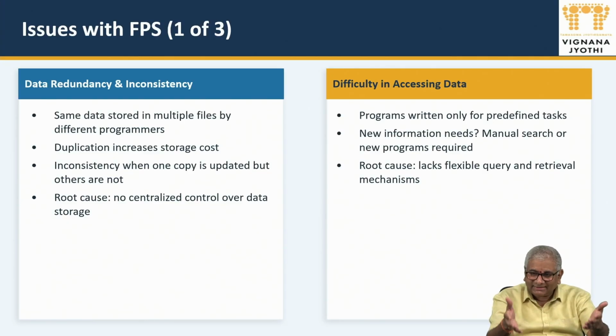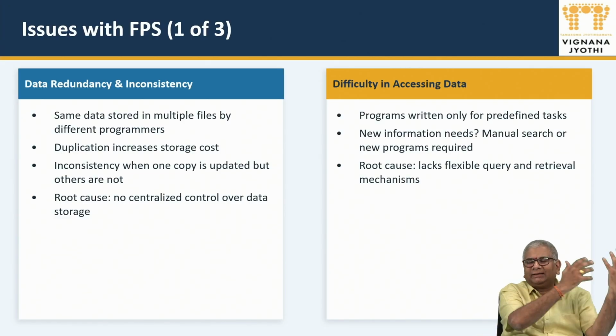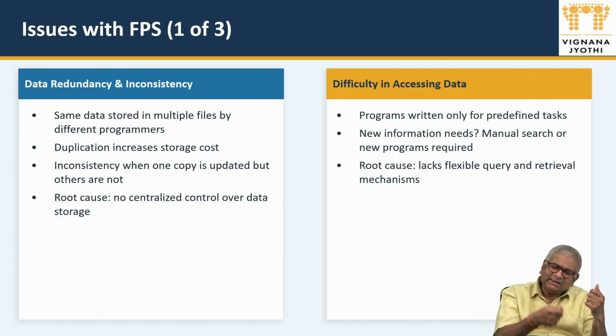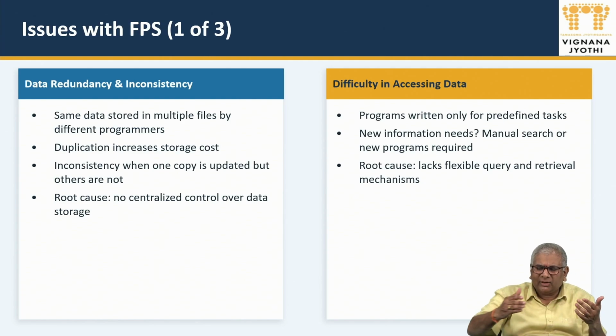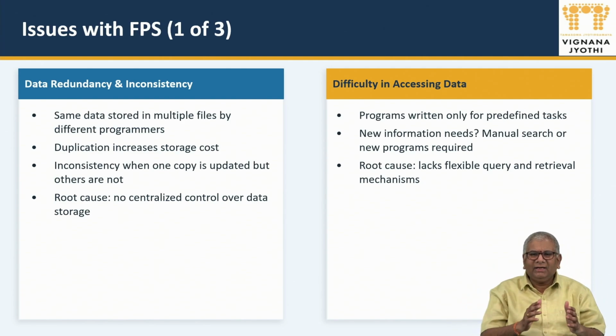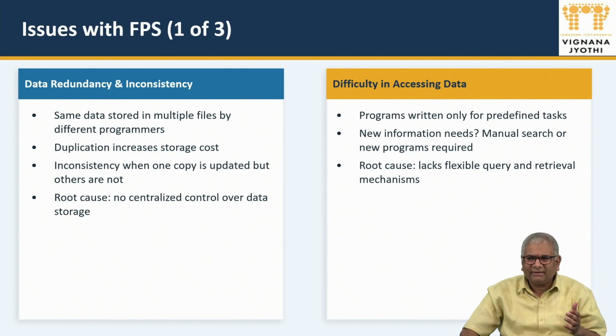The data has all those things, but you need to write programs to get the data, right? That means each time a programmer needs to be involved. The programmer has to analyze, design, code, and fix bugs. Software development is a long process, so it takes a lot of time.